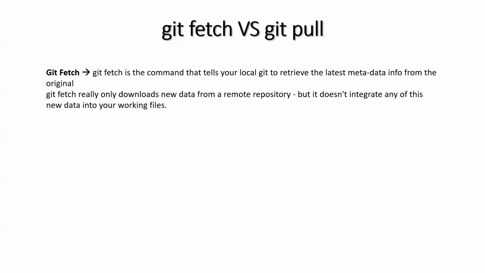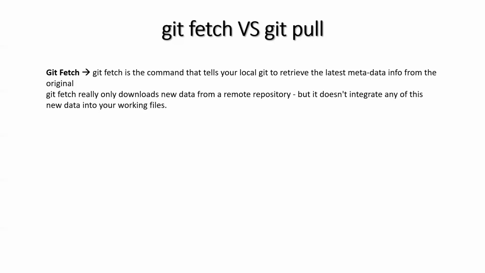So what do we need to do? Git provides two commands. By using those commands, we can update the latest changes from the remote repository to our current working local repository. Okay, so the first command we can use is git fetch, and the second command is git pull.